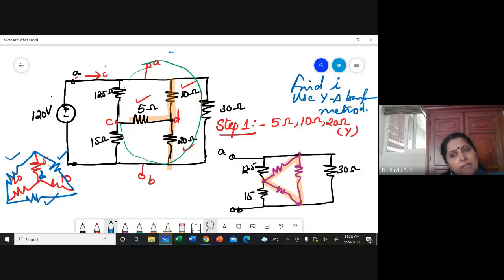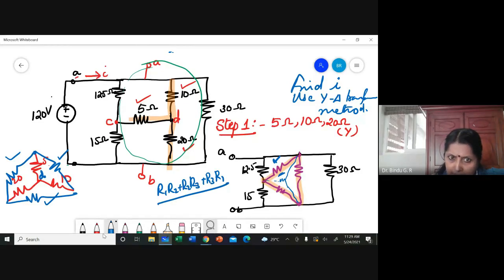Are you calculating? I hope you are calculating. How do you convert from star to delta? Suppose I am considering this resistance. When I find the value of this resistance, it should be R1R2 plus R2R3 plus R3R1 divided by the opposite resistance.